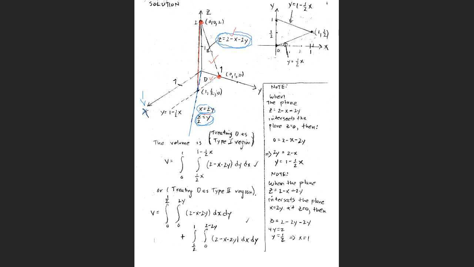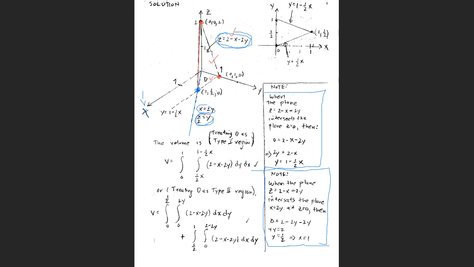Okay, well, they meet at this point here. I want to get the coordinate of this point. So I note here that there are two notes here. Let's talk about both of them.